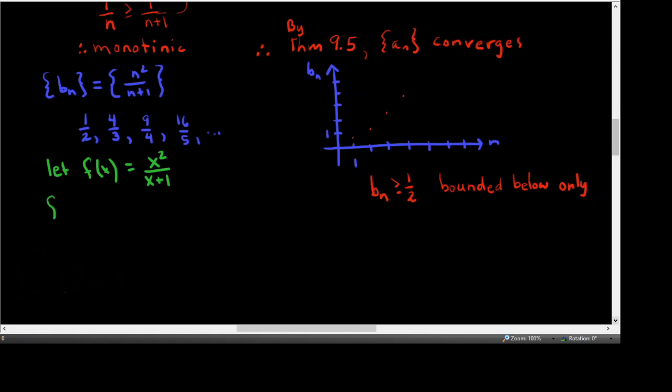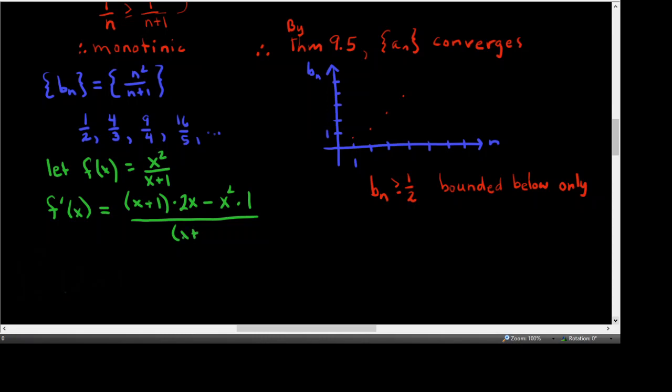And to see that something's increasing or decreasing, we use the first derivative test. So there's a fraction: low d high minus high d low, all over the square of low.